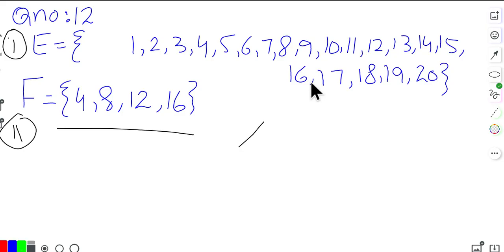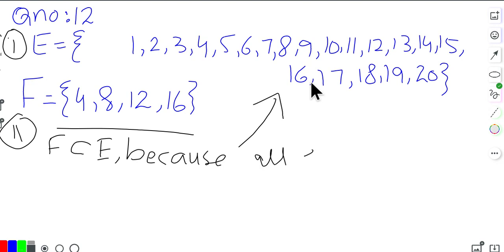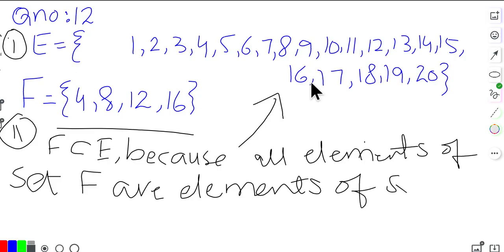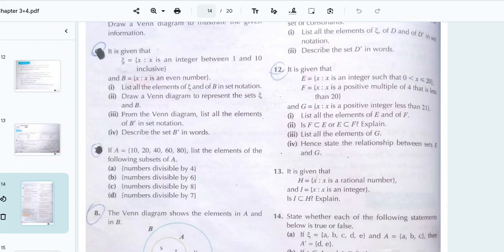All elements of this set are also elements of set E, but all elements of E are not present in set F. So that means F is a subset of E because all elements of set F are also elements of set E. Okay.